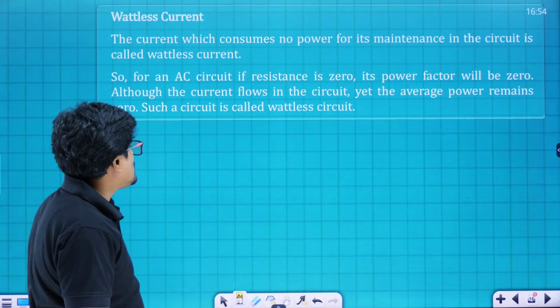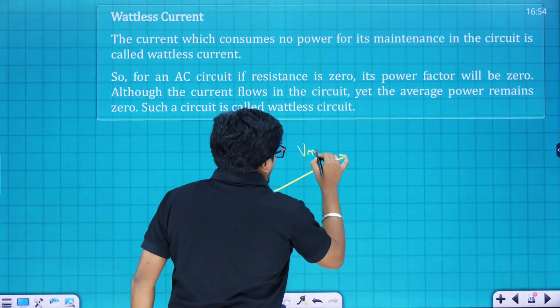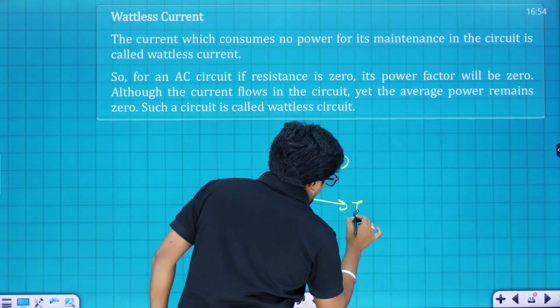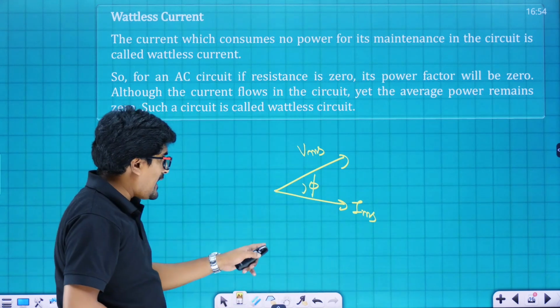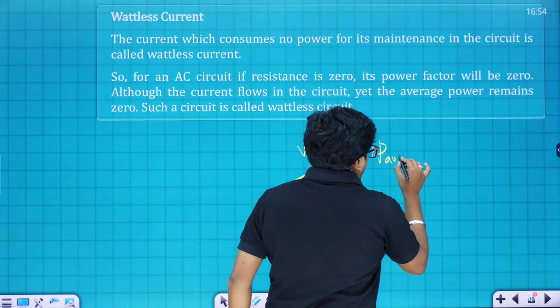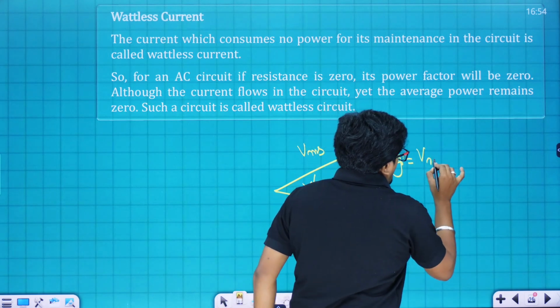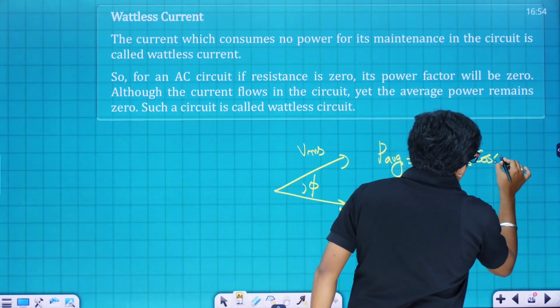All right, next is wattless current. We just discussed, once I consider Vrms as well as Irms, and the phase angle is phi, the average power P average is equal to Vrms into Irms into cos phi.